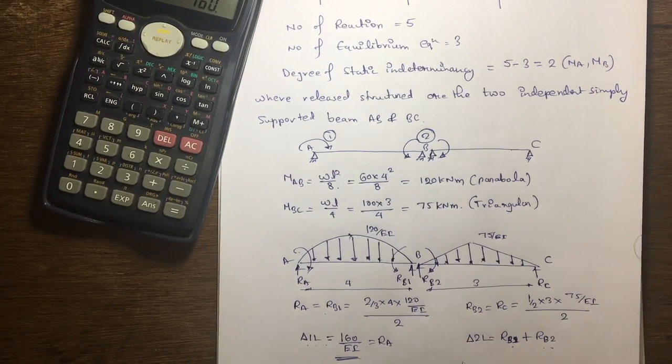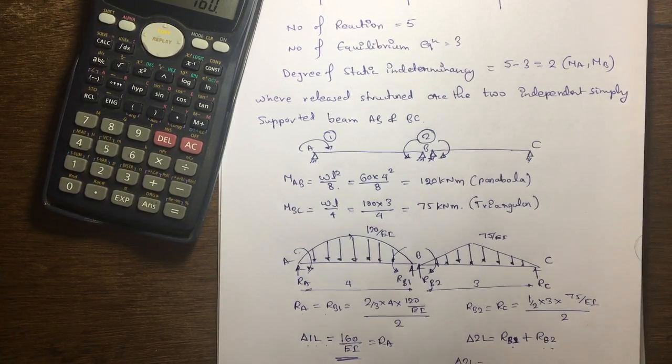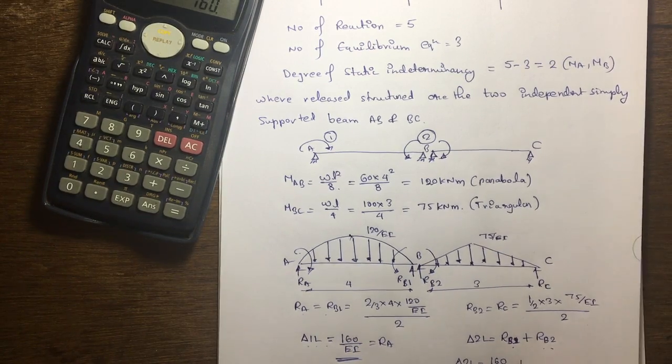Therefore, delta 2L is equal to RB1, that is 160 by EI, plus RB2.